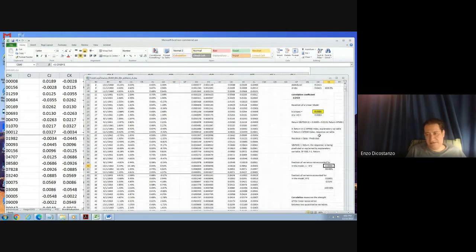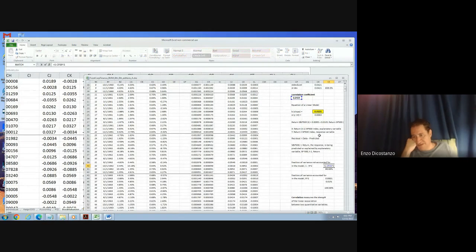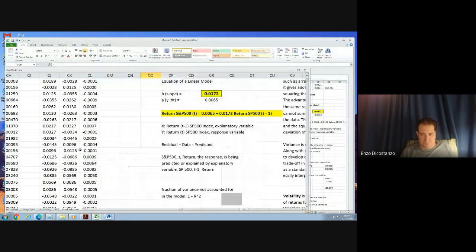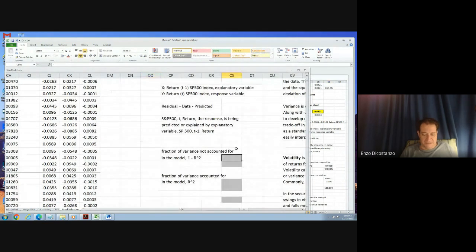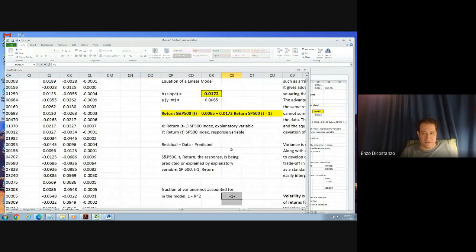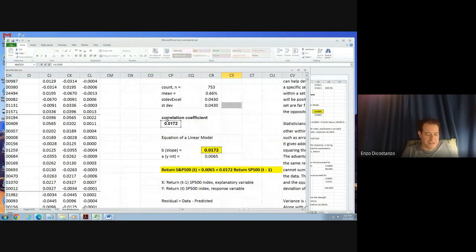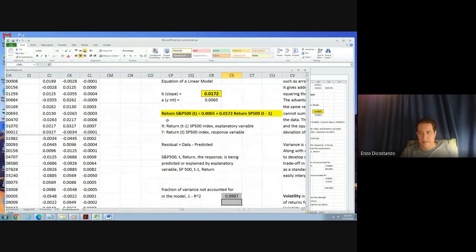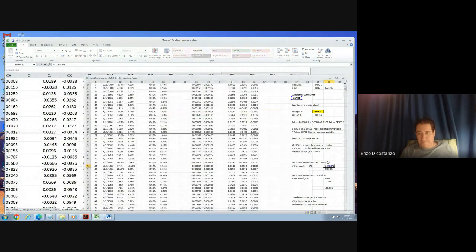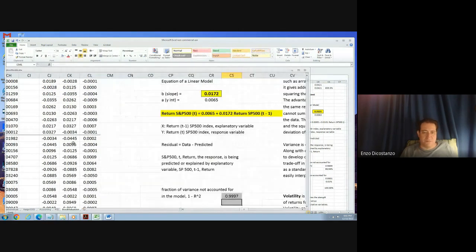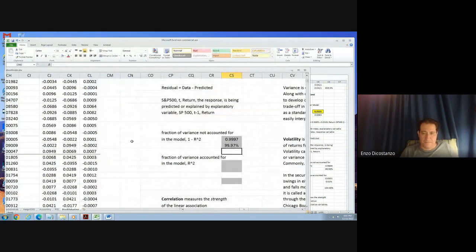There's some of these equations that tell you. So 1 minus the correlation tells you the fraction of variance not accounted for, which is most of it. And you have to be able to interpret this stuff too. So this is equal 1 minus the square of the correlation. Yeah, so that's most of the variation is not accounted for with all the work we did.